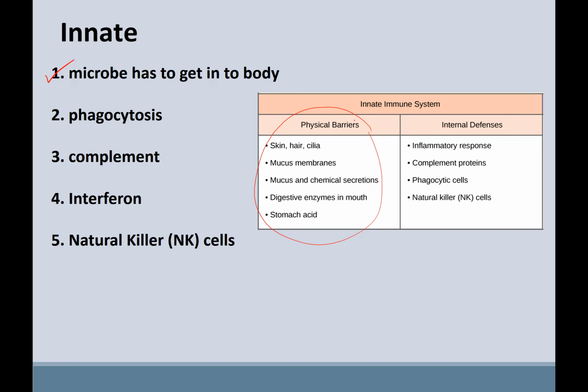But if the pathogen is able to get into our body, then our internal system, which is our innate immune system, kicks in. And the parts of it we are going to talk about are phagocytosis, complement, interferon, and natural killer cells.